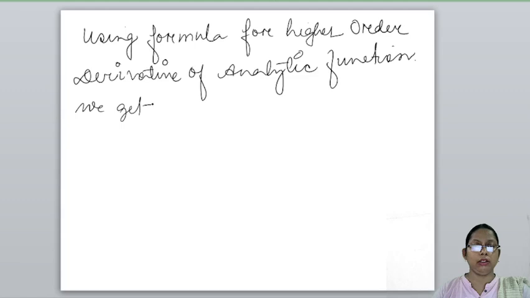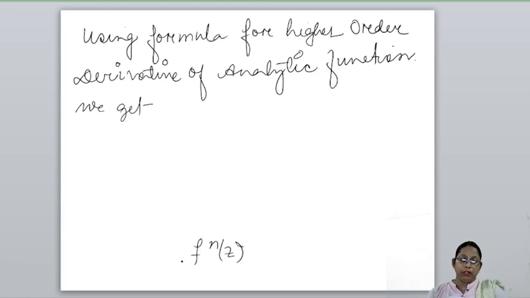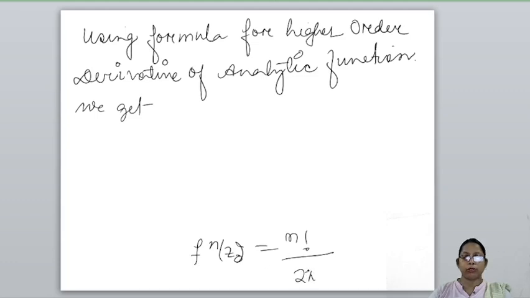The formula is: if f(z) is analytic within and on the boundary of a contour C in a domain D, and z naught is a point inside D, then the nth derivative of f at z naught is given by n factorial by 2 pi i times the integral of f(w) dw by (w minus z naught) to the power n plus 1. This is the formula for higher order derivatives.